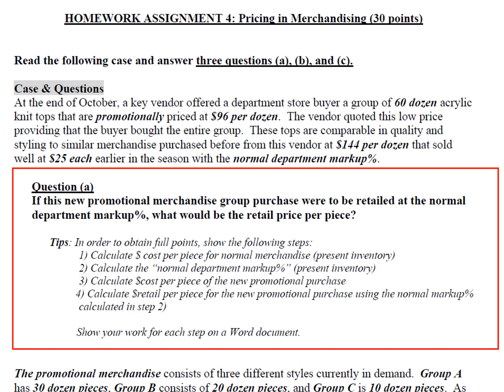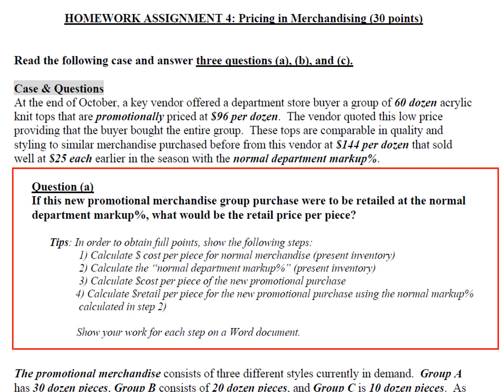Then also calculate the normal departmental markup percent based on that unit cost and the $25 unit retail given in the case instruction. Based on that R and C, retail and cost, you can calculate the markup percent, right? And then you need to know the unit cost, the cost per piece, of this new promotional merchandise that will be purchased at $96 per dozen, right?